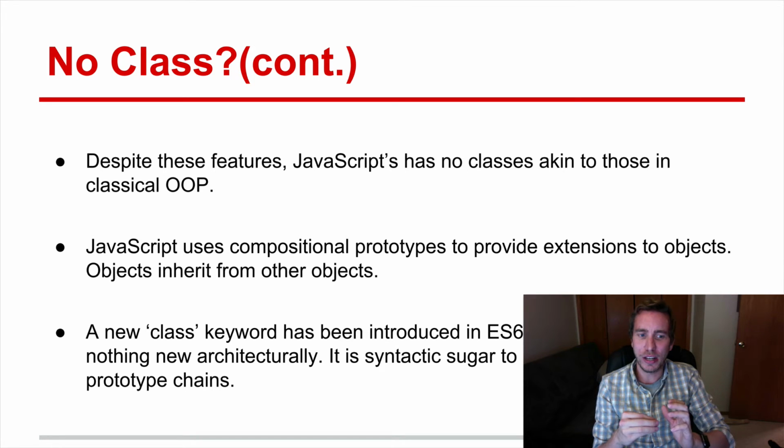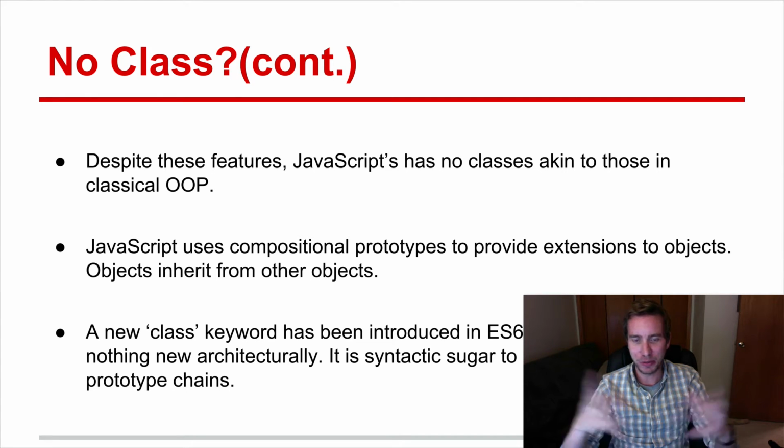So, in a similar way, or rather, objects inherit the prototype from something else, and that something else is not a class, it is already an existing object in the namespace, or just in the program somewhere.